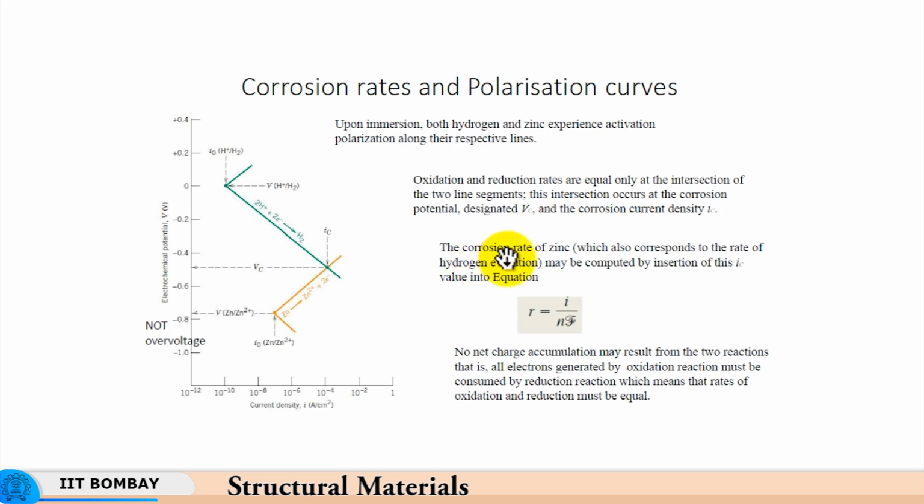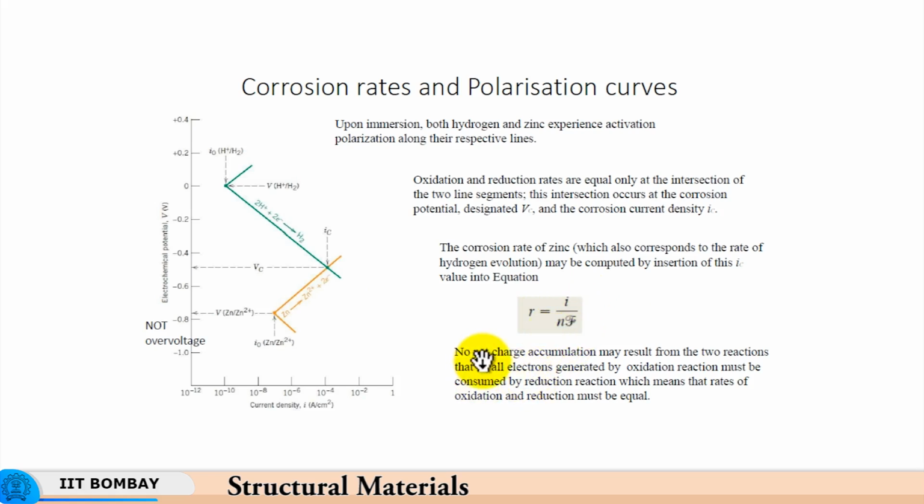Now, if we have to calculate the corrosion rate of zinc, then we use, instead of I, this value of Ic, because now this is the corrosion current density. So, this is the current density at the time when zinc is getting corroded. So, the rate of corrosion would mean that it is equal to Ic upon nF.